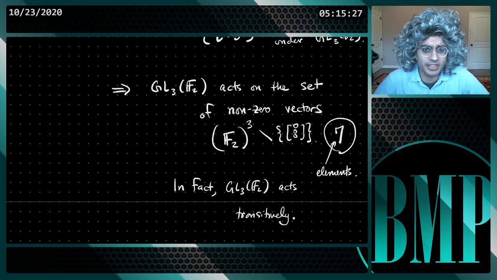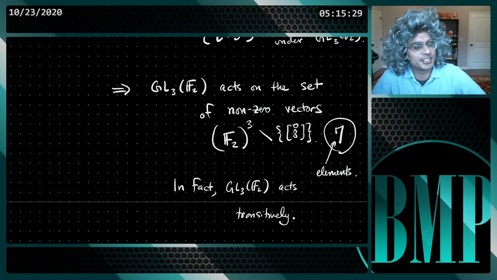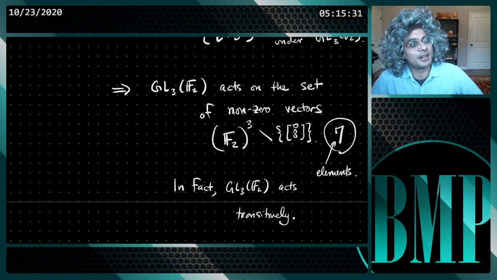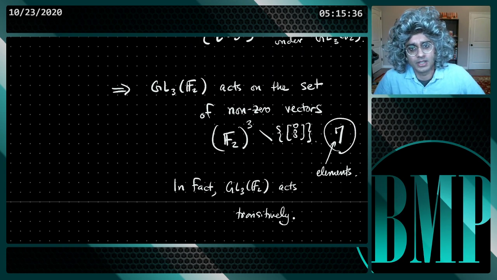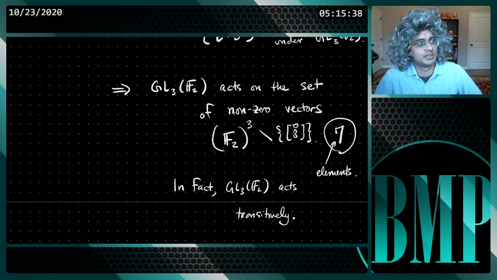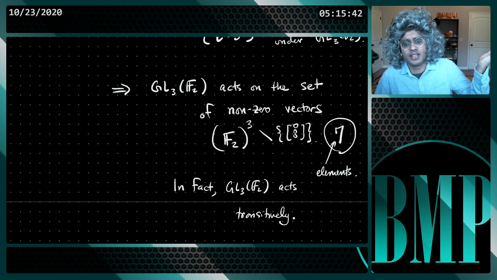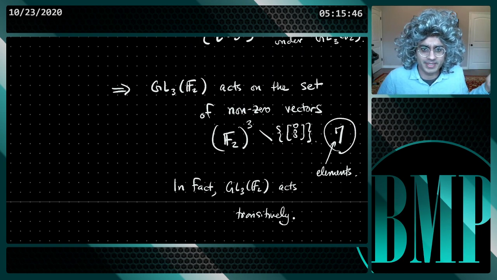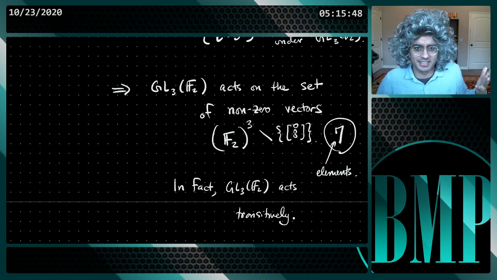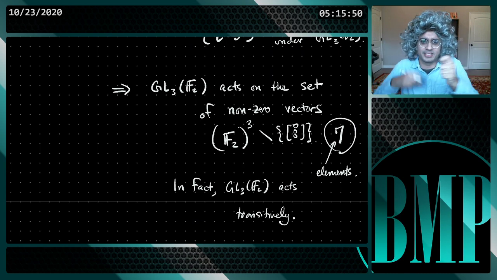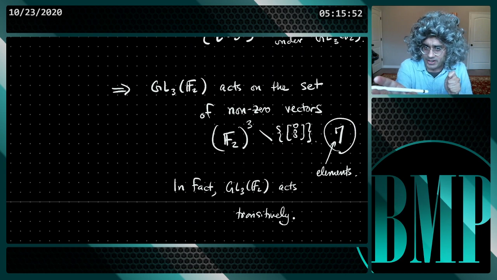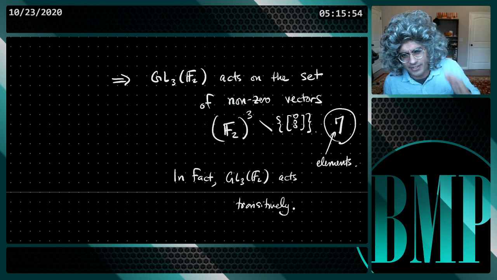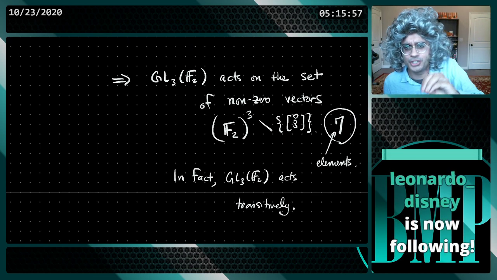You might remember a theorem from linear algebra: you can cook up an invertible matrix that sends 1, 0, 0 to any non-zero vector. You can always cook one up. You can just do it by hand, folks, to find a matrix that sends 1, 0, 0 anywhere else. So it's a fact that this action is transitive, you should try it.